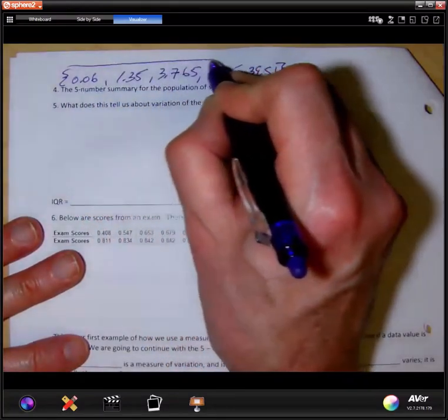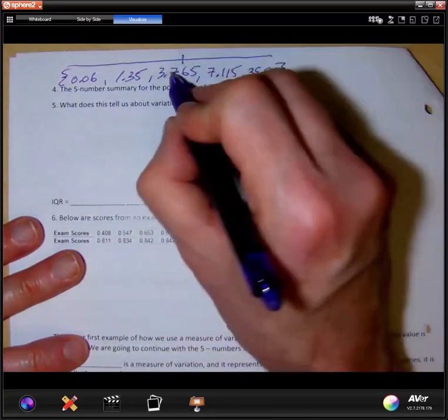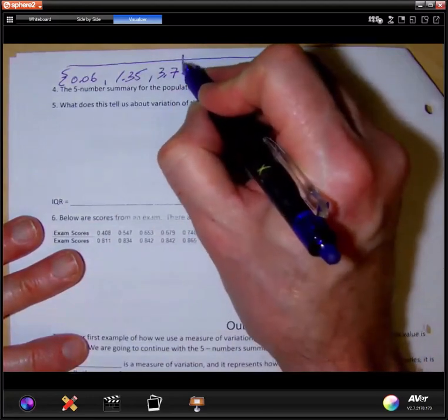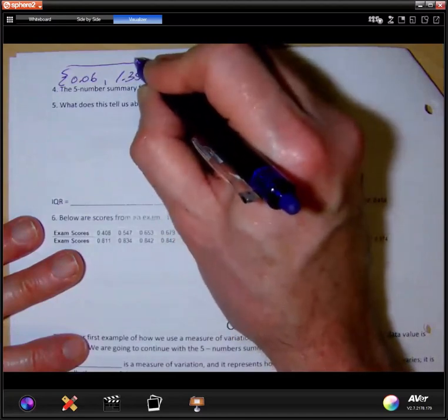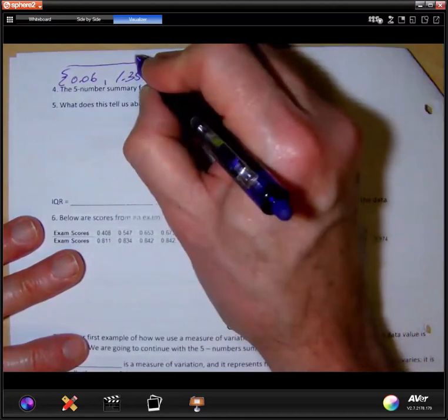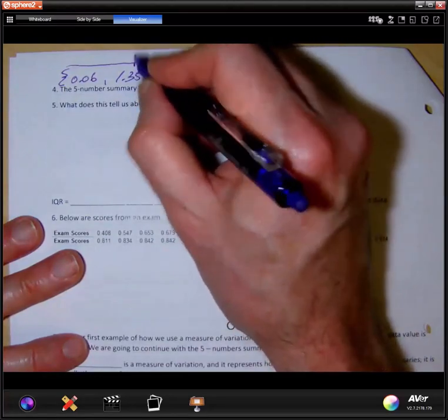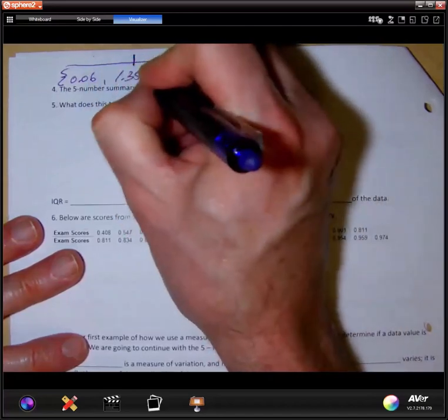I'm going to draw a little number line here. This is obviously not correct in the sense of the distances, so please keep that in mind. But here's the median, and what does the median do? It separates the lower 50% from the upper 50%. But what did I do here? I separated again the data in half. So this is 50%, so half of 50% is 25%. So what does this number do?